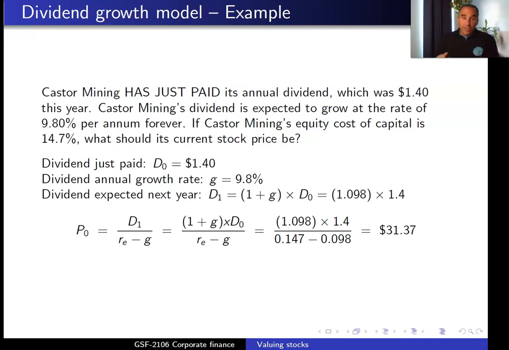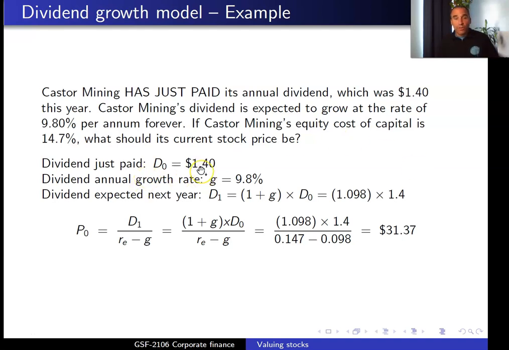Castor Mining has just paid its annual dividend, which was $1.4. If Castor Mining's dividend is expected to grow at the rate of 9.8% forever, and the company's equity cost of capital is 14.7%, what should the company's stock price be?